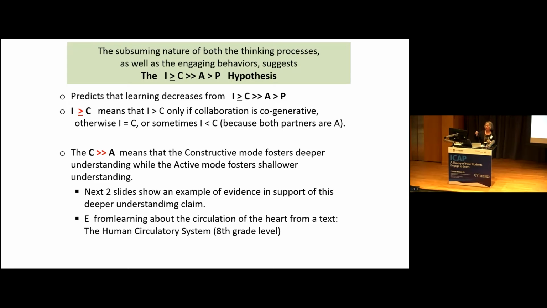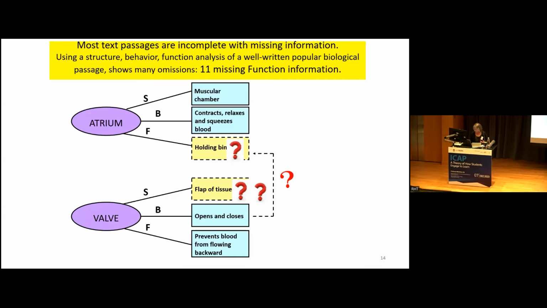So what I'm going to illustrate is students learning a passage about the human circulatory system, about the heart. It turns out, and this is an interesting fact by itself, that most text passages are incomplete, with missing information.